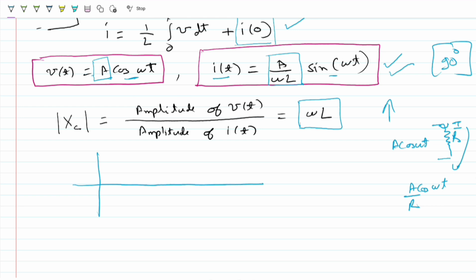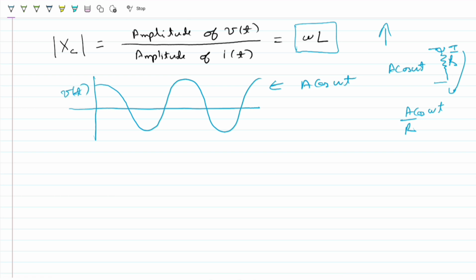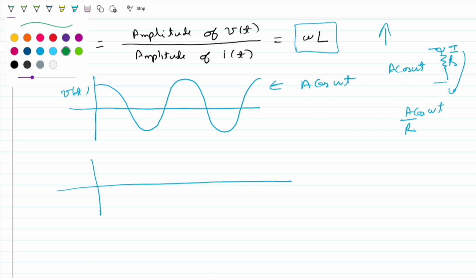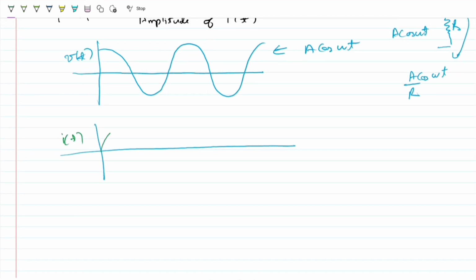So if we had a voltage like this, A of cos of omega t, the current through the inductor is A by omega L sine of omega t, which in a way is lagging by 90 degrees.